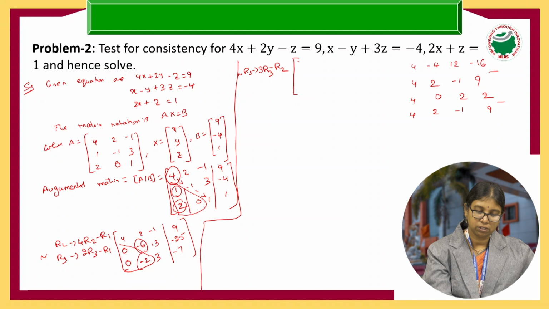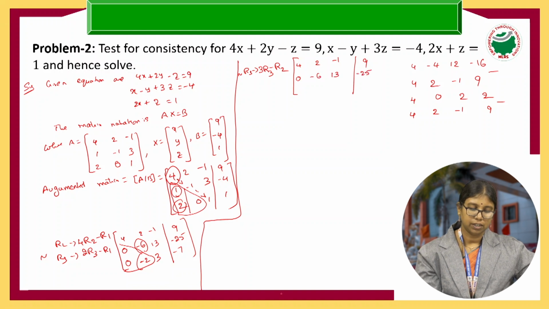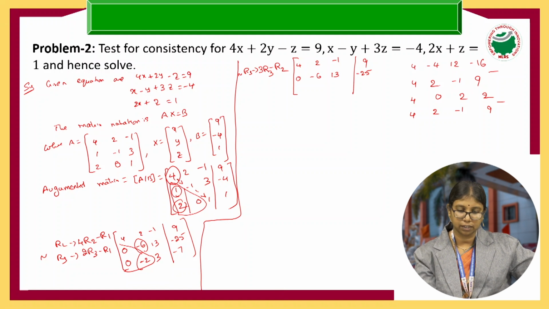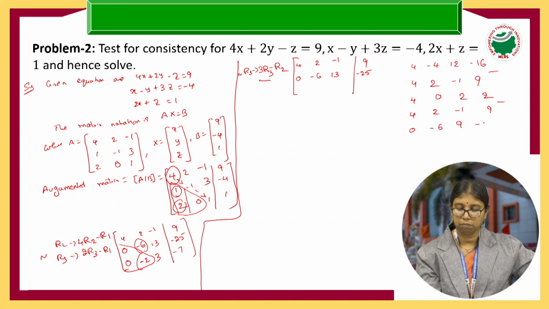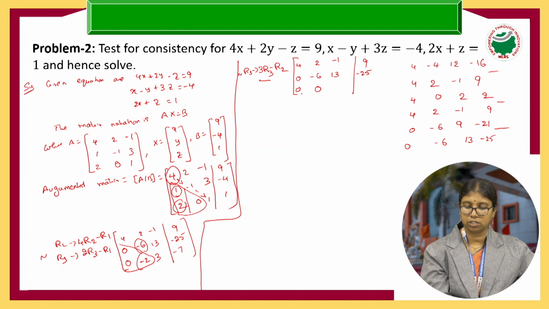That means the row values are 4, 2, minus 1, 9, and 0, minus 6, 13, minus 25. Next, 3R3: multiply the third row with 3, that is 0, minus 6, 9, minus 21. R2 is 0, minus 6, 13, minus 25. So by subtracting, you will get 0, 0.